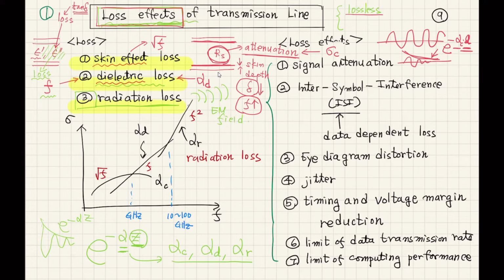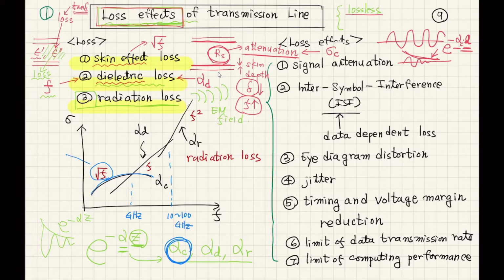The interesting thing is that this conductor loss, which is coming from skin effect loss, is proportional to the square root of frequencies. I'm not going to spend too much time deriving equations to prove that the skin effect loss attenuation constant is proportional to square root f.